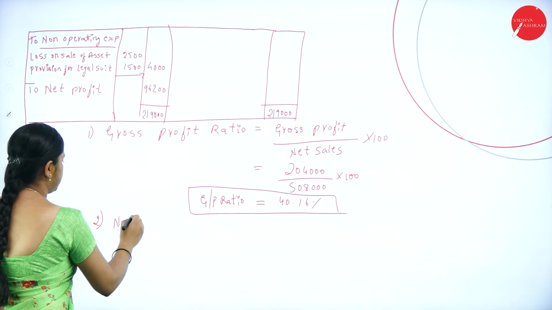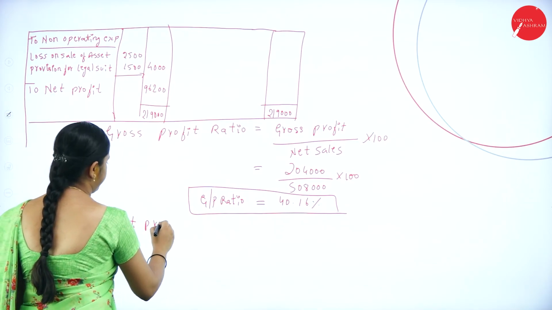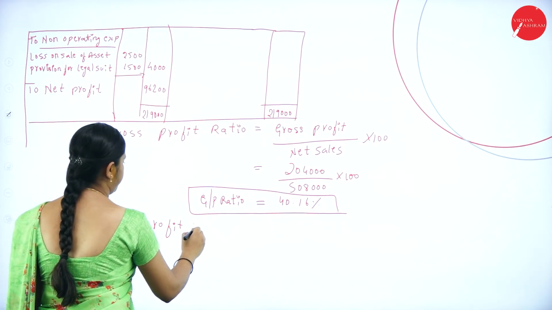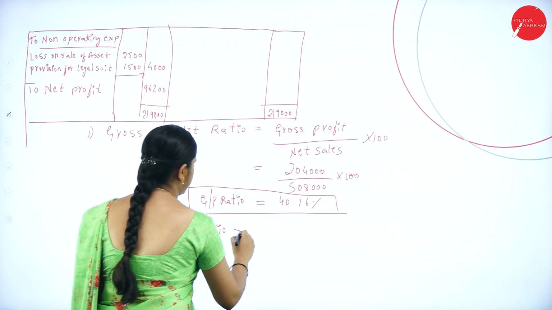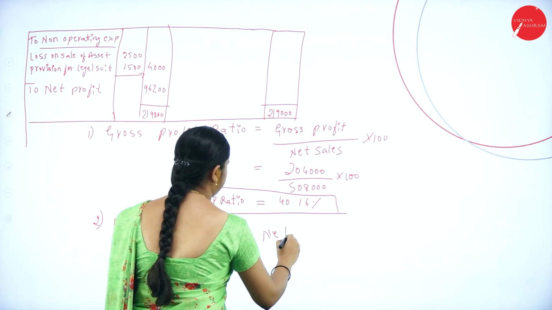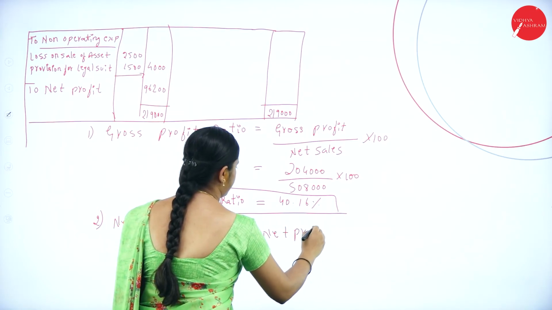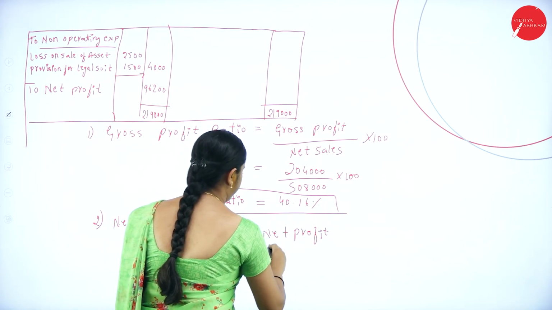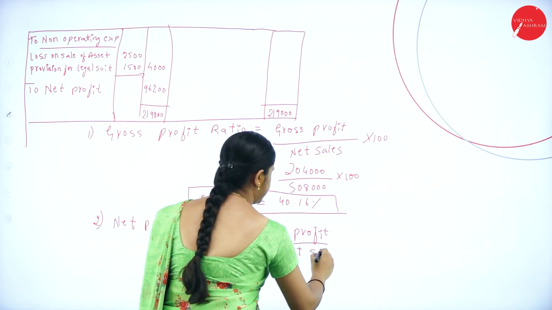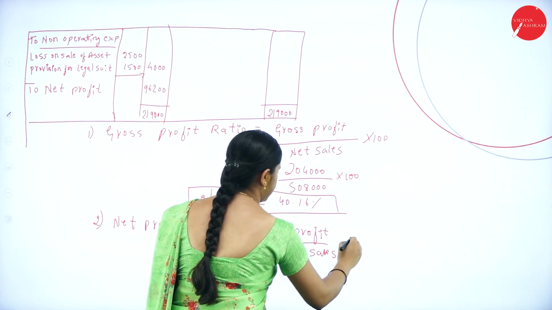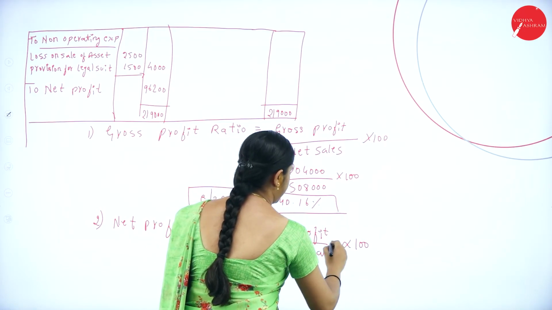Next, we require to calculate net profit ratio. Net profit ratio is equal to net profit divided by net sales into 100.